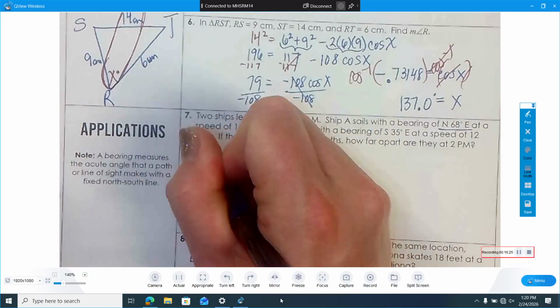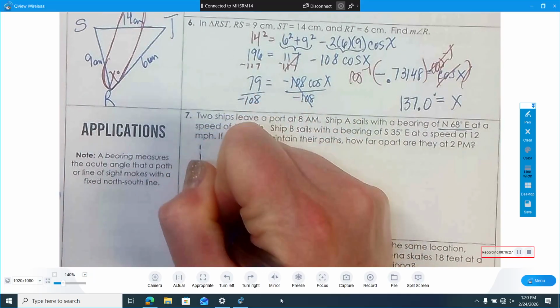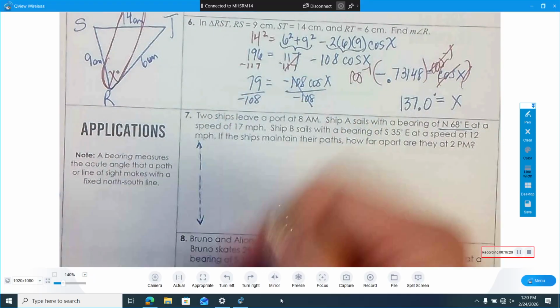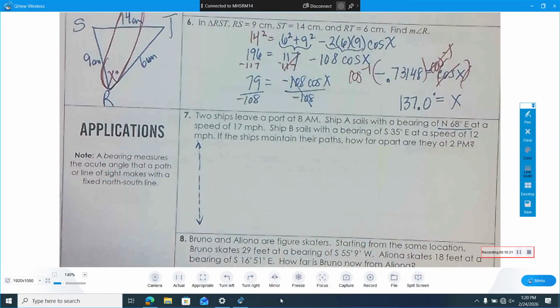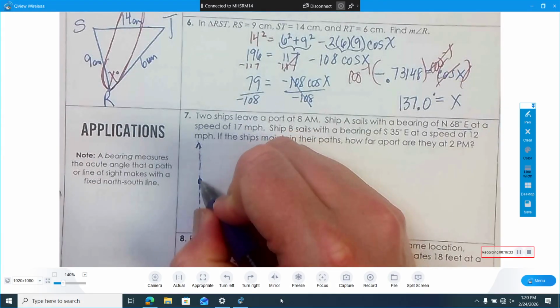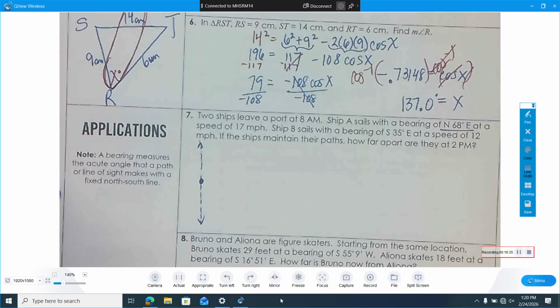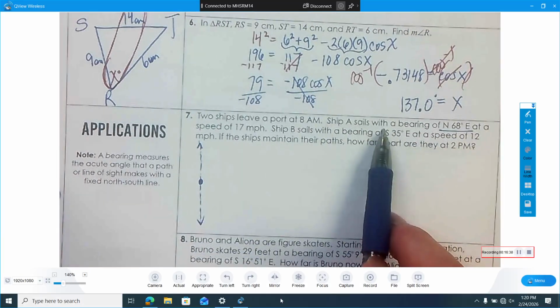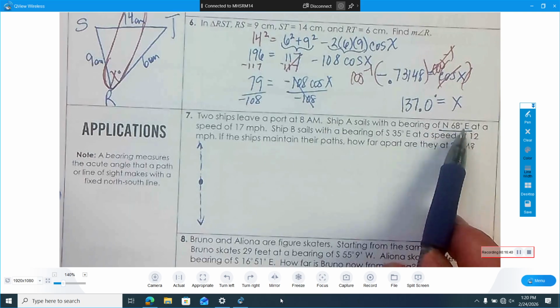So what I have here is I'm going to draw a nice north-south line. And right here is port, so we're going to call that port right there where that dot is. And one ship sails with a bearing of north 68 degrees to the east.